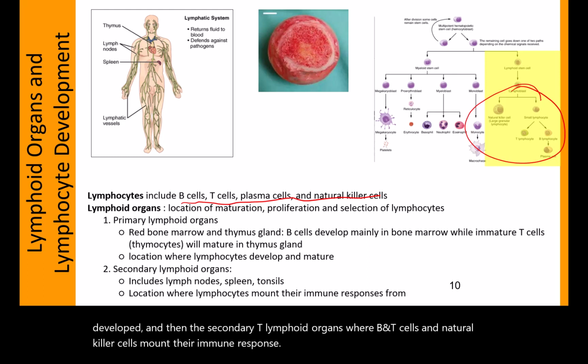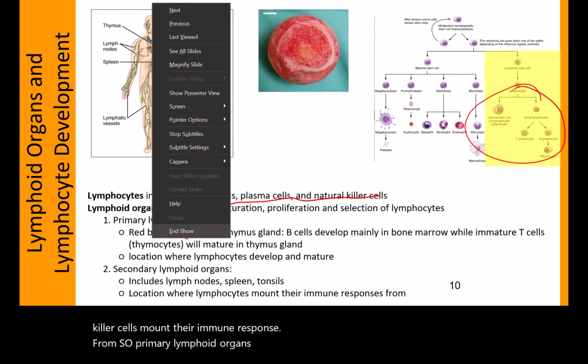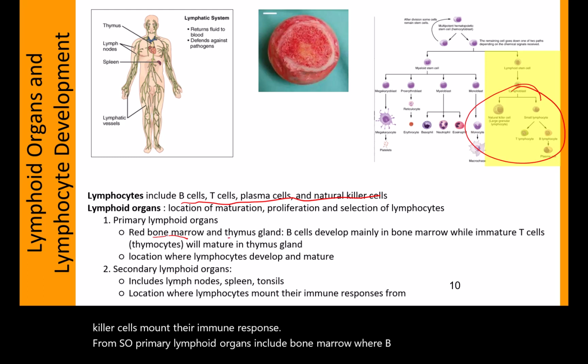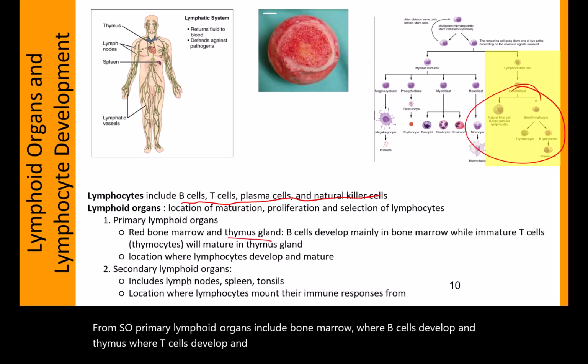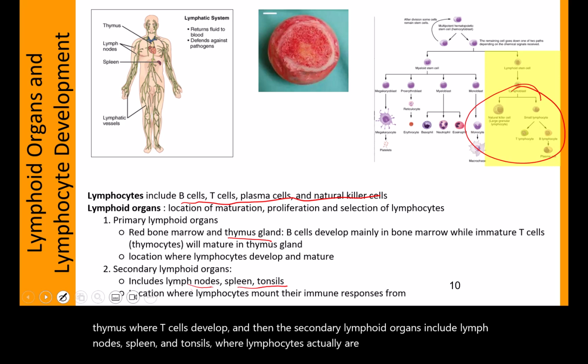Primary lymphoid organs include bone marrow, where B cells develop, and the thymus, where T cells develop. The secondary lymphoid organs include lymph nodes, spleen, and tonsils, where lymphocytes are located to mount their immune responses.